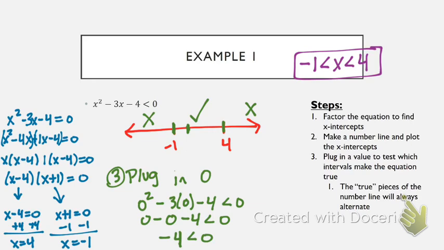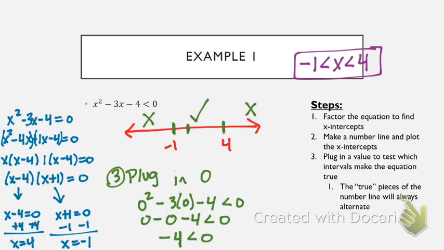All right? So we factor the equation, which is what I did in blue, and we get the x-intercepts. We put those x-intercepts on a number line, which I did, -1 and 4 in red, then plug in a random number. Generally 0 is my favorite number to plug in. Plug in 0, and we end up with -4 is less than 0. -4 is in fact less than 0.